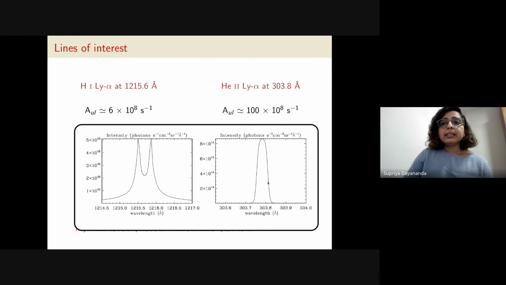both these lines have a strong emission profile from the underlying layers. So the left panel is the hydrogen Lyman alpha line, and the right panel is the helium Lyman alpha line from underlying layers of the solar corona.